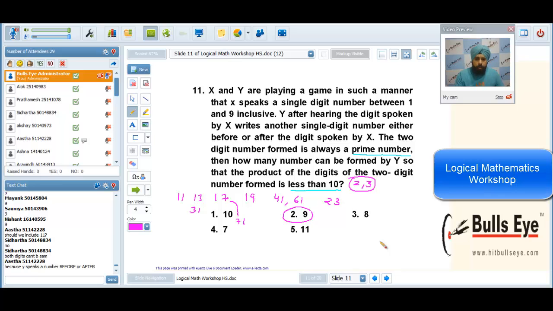Number can be anything. It is not that a number is to be spoken which he has not spoken. He says the number that the second person speaks is to be written either before or later. But the number could very well be same. Right, Astha and Siddharth? So there are 9 such values.